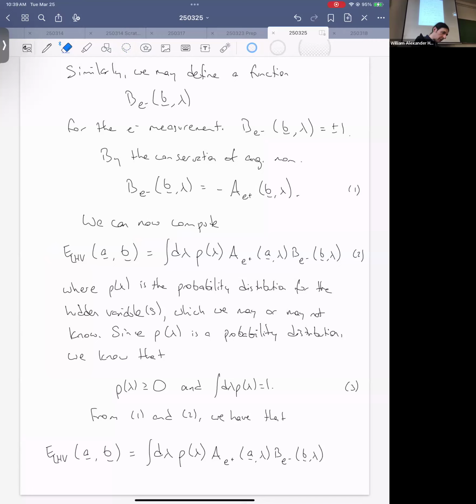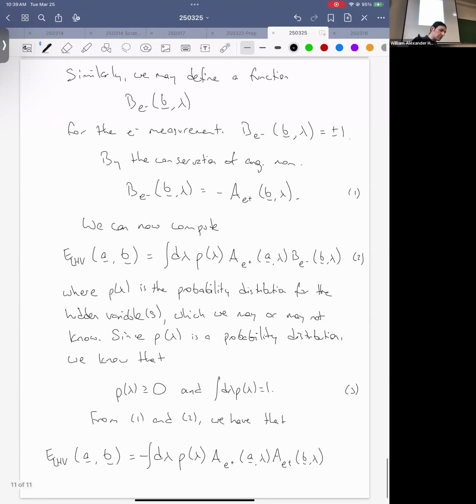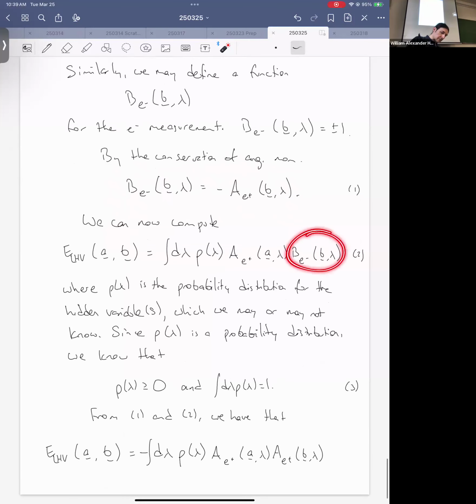We may replace the B function with the A function, but just with a minus sign. I just used this expression here, plugged it into the B here, get a minus sign up front.